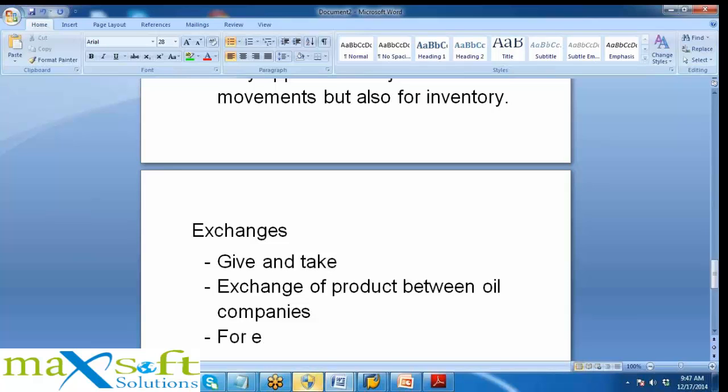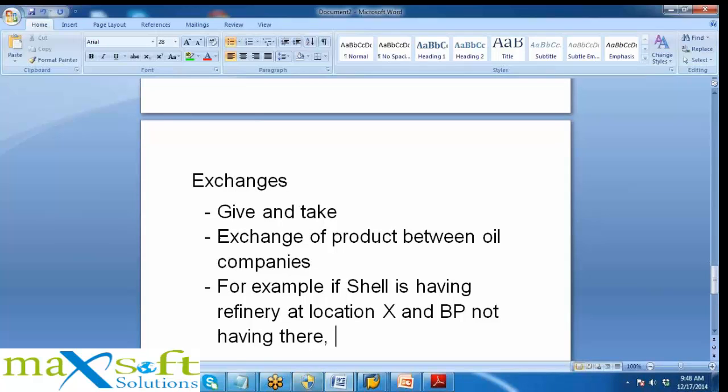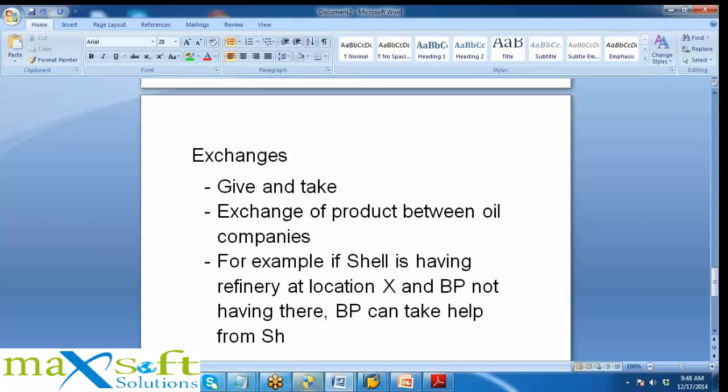For example, if Shell has a refinery at location X and BP does not, BP can take help from Shell.